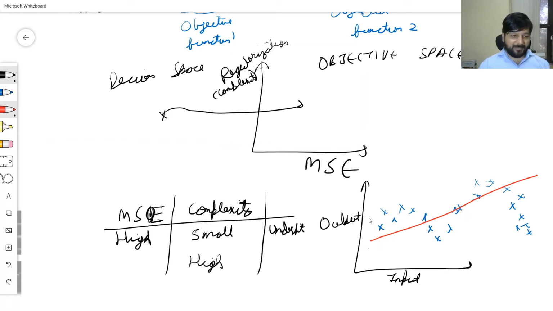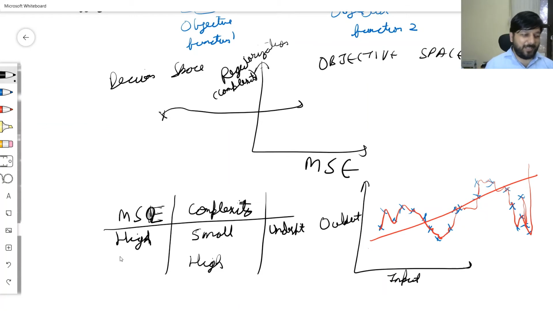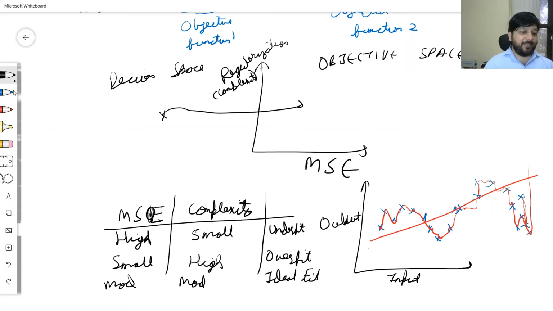The mean square error is actually 0 because I've got extremely large complexity, so I can actually learn this complex function as well. I will not write down 0, I'll write down small, and this one is overfit. And if the complexity is moderate, this is the ideal fit, and this is how the ideal fit will look.